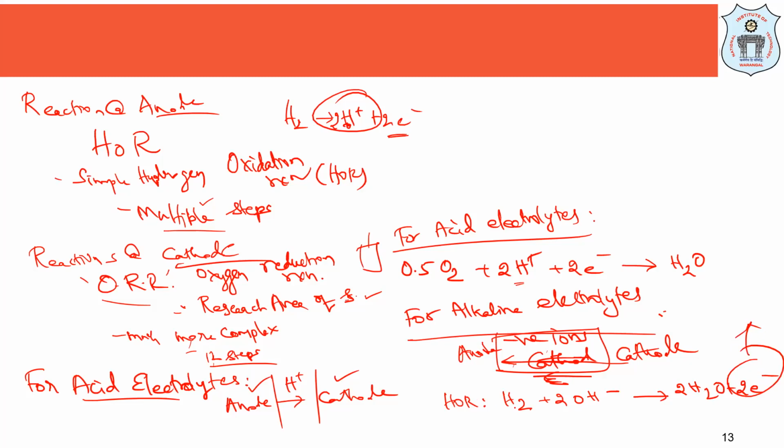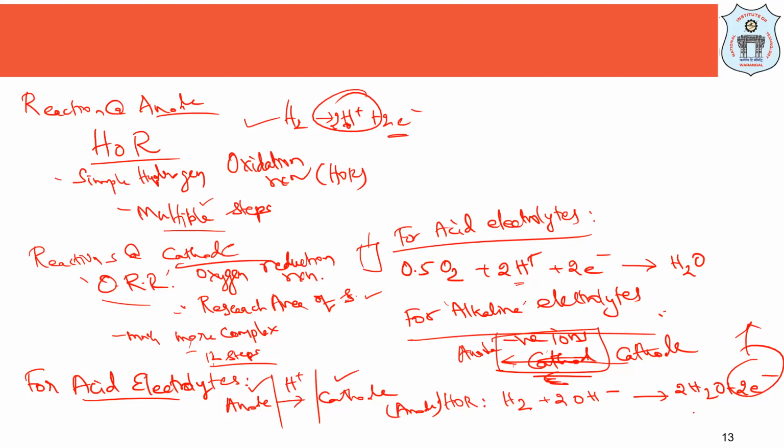This is what takes place at the anode. Remember, in the previous case the anode reaction was H2 becoming H plus and electrons, whereas with an alkaline electrolyte, OH minus ions come from the cathode side to the left-hand side, that is, the anode or fuel side.